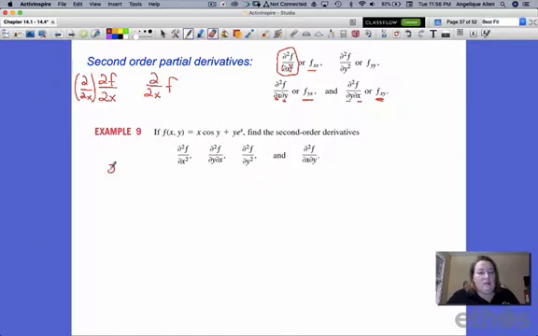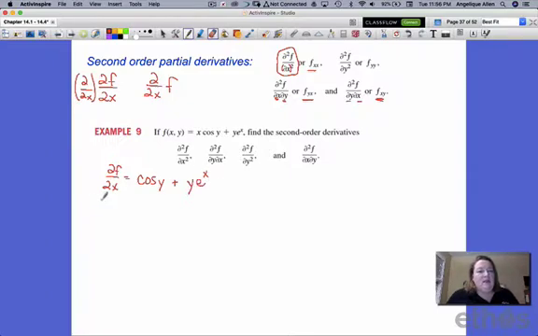So I'm going to do the partial derivative of f here with respect to x. So going through, with respect to x means y is a constant, so cosine of a constant is a constant, and the derivative is going to be cosine of y. And then the derivative of y e to the x with respect to x, y is a constant, and the derivative of e to the x is e to the x.